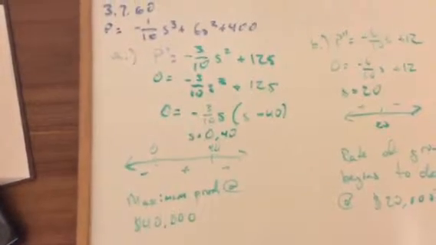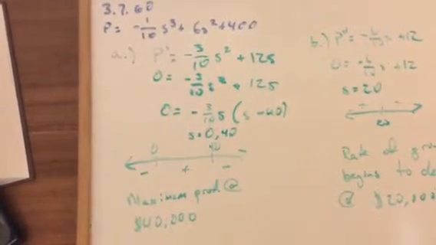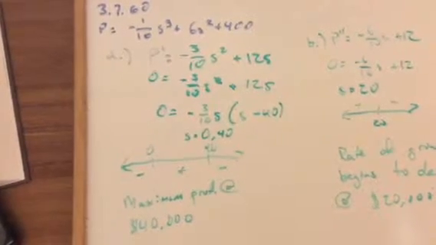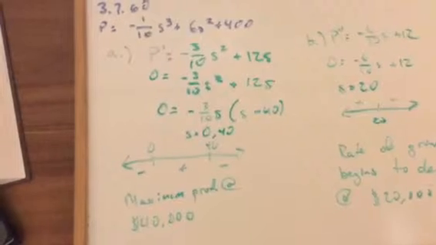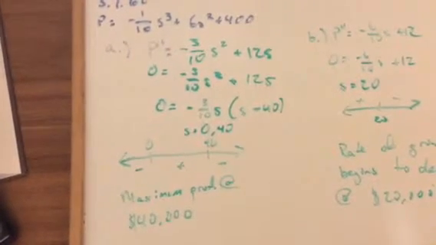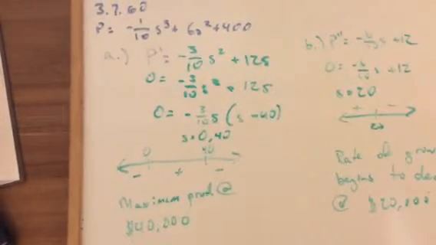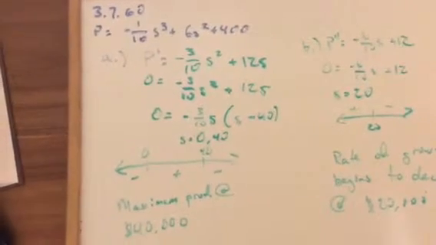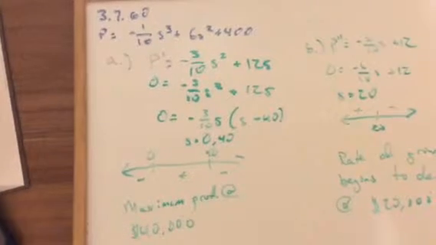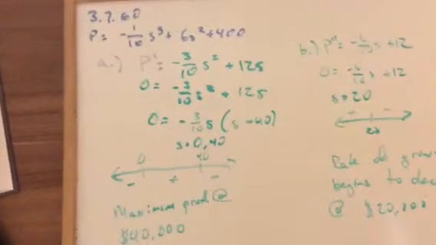And in order to check this, I put them on a graph with intervals from negative infinity to 0, 0 to 40, and 40 to infinity. And I wrote where the derivative was negative or positive in order to determine whether it's a relative maximum or minimum.